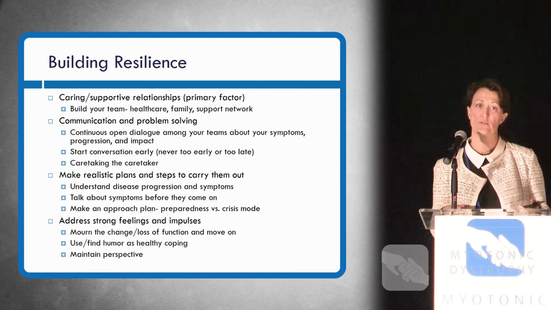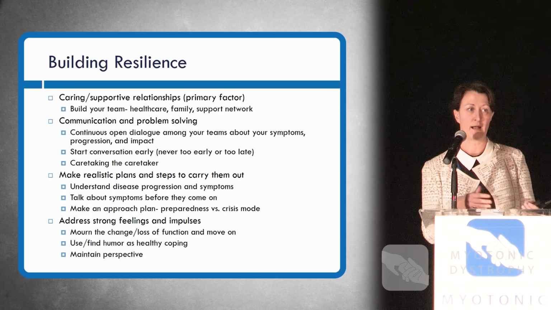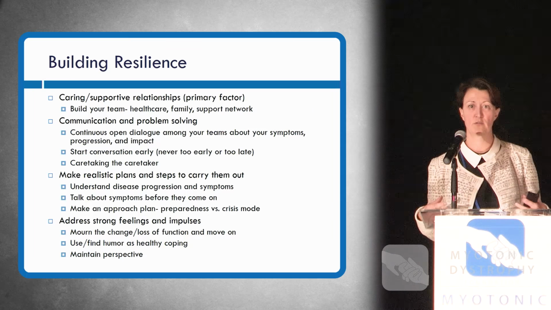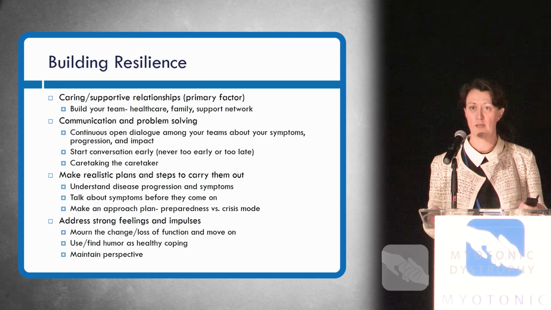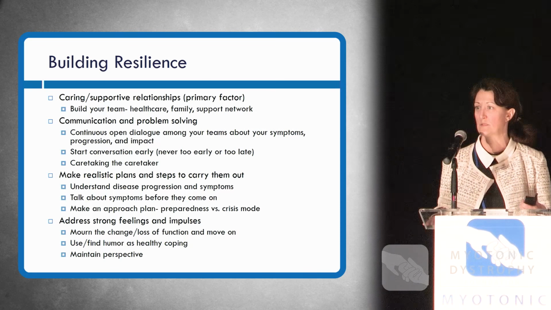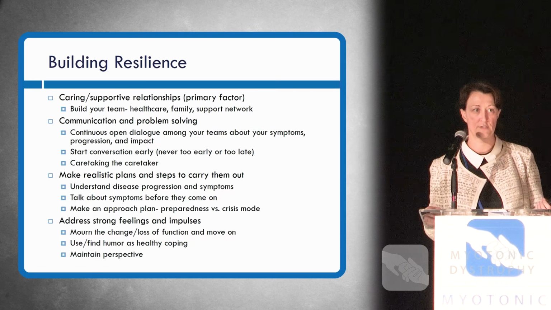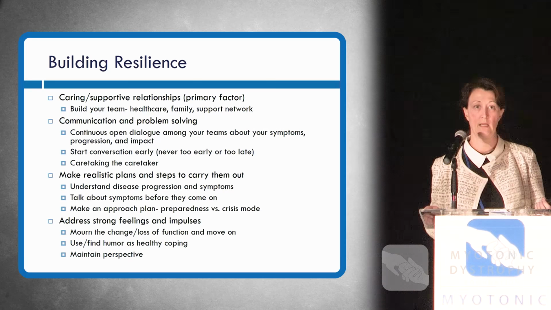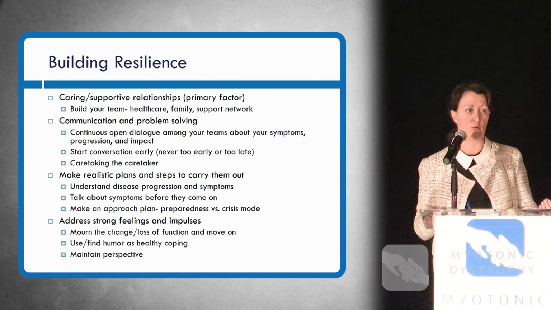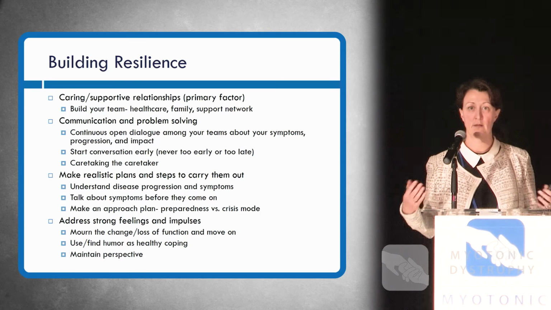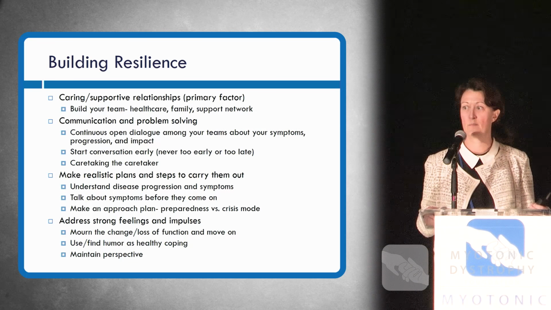Start conversations early. So don't wait until you're in the crisis mode of trying to attend to managing some of the cognitive symptoms. Think about, just based on some of the literature, what those symptoms might be, and maybe get a plan together with your caregivers and with your family and your friends about how you would like to address them.